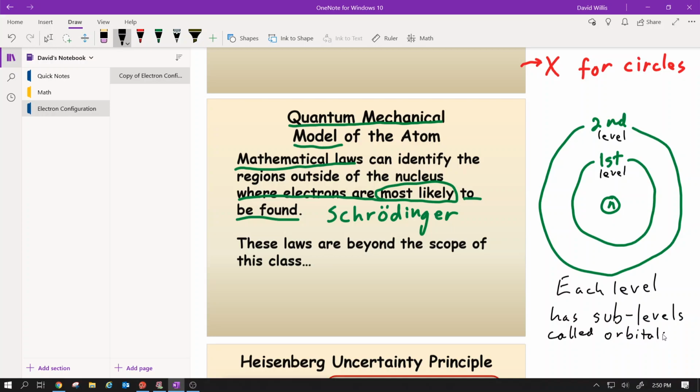But I also want you to know that even though I've drawn them as circular to represent the levels, they are not necessarily circular.